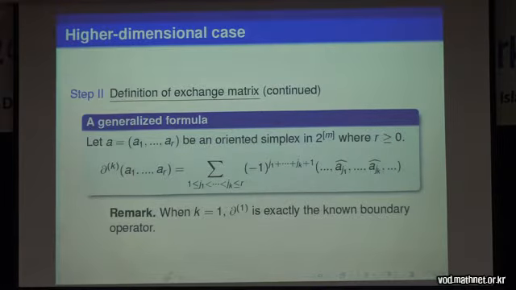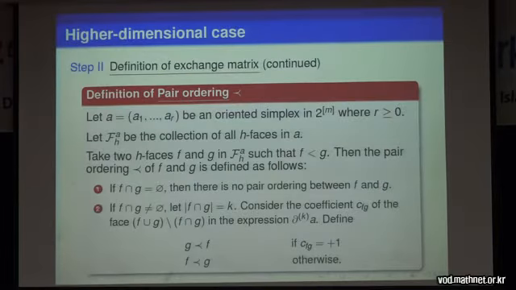In the general case, we need this generalized formula. If k equals 1, we know that there is the boundary operator. Each time you just choose the k elements. Then we also need to define the pair ordering for each simplex.